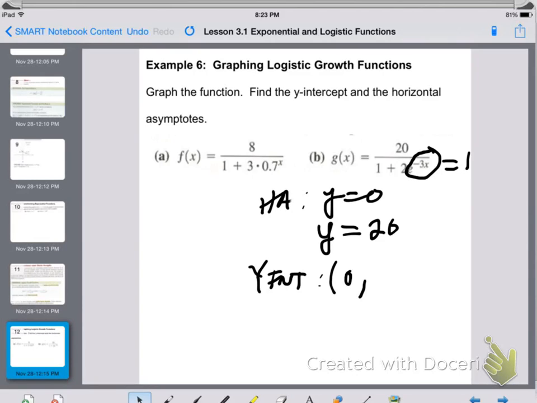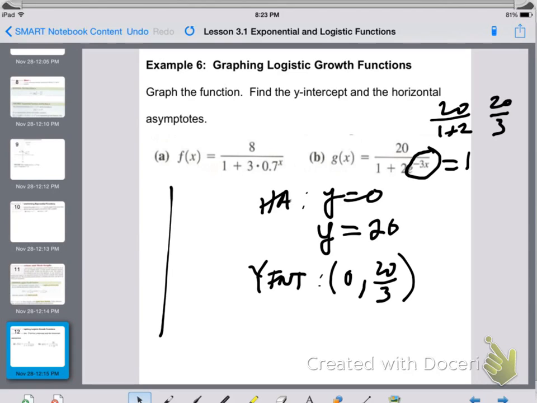So I really have 20 over 1 plus 2, or 20 over 3, which is approximately 6.67.